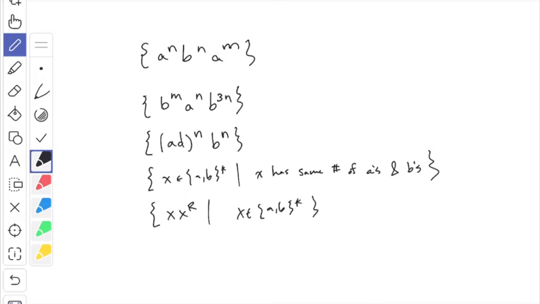So of these, actually only the first two are ones which are helpful to think of in terms of unions and concatenations. The other ones are just kind of anything goes. See what you can come up with.